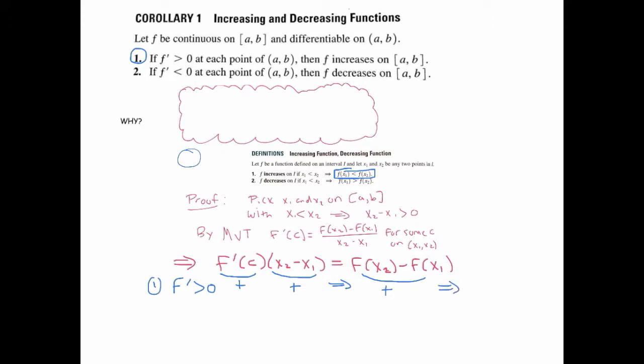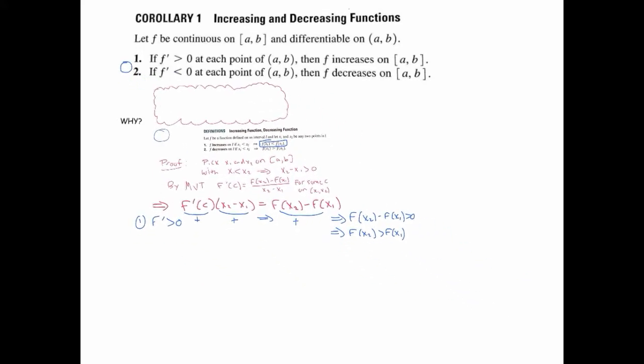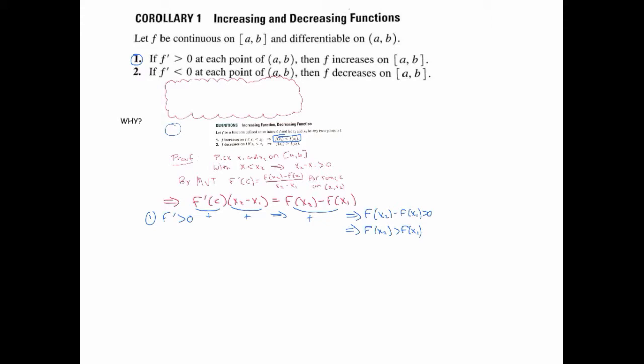So that means that f of x2 minus f of x1 is bigger than 0, and that means that if I add f of x1 to both sides, f of x2 is bigger than f of x1. But of course that just means that f of x is increasing on the interval a to b.